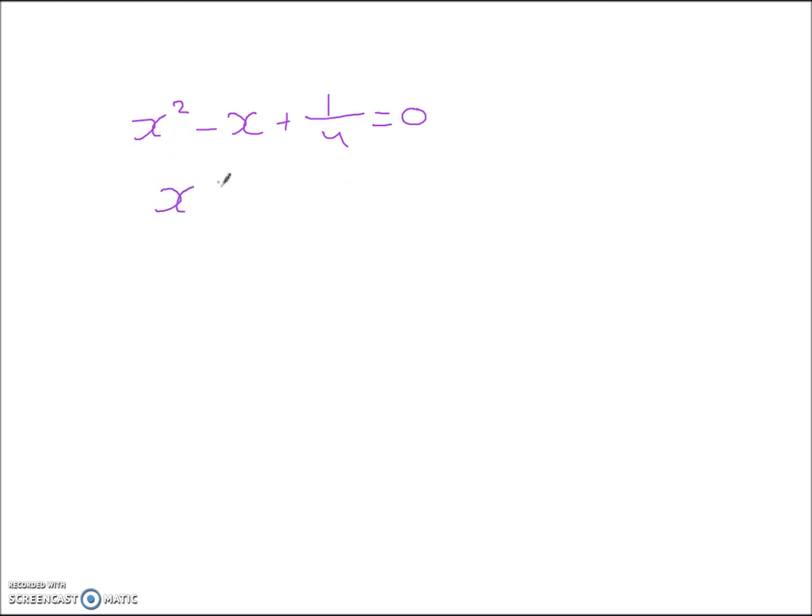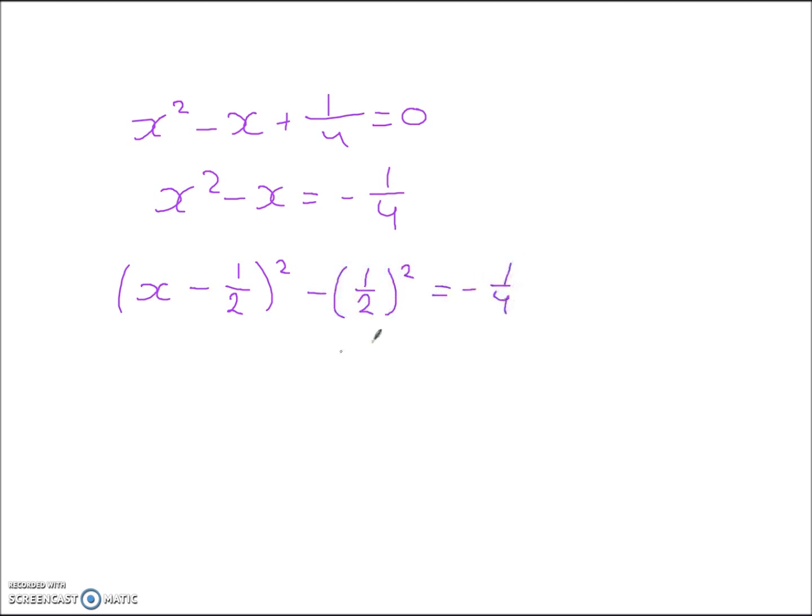So first we move the quarter to the other side, negative 1/4, and then we use completing the square: x squared minus 1x, x minus half of 1, or a half, squared, minus the square of a half is negative 1/4.